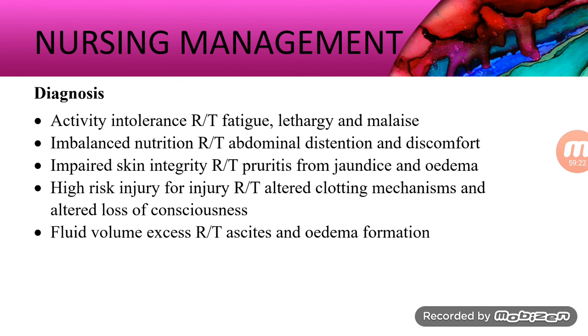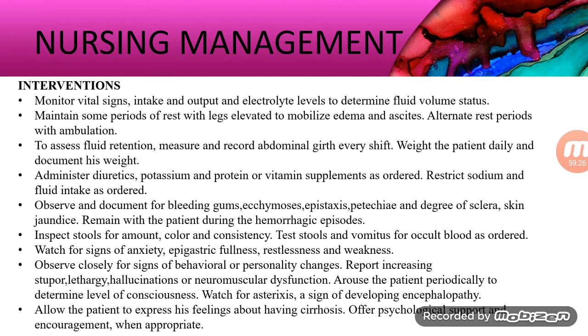Then fluid volume excess related to ascites and edema formation. These are some of the interventions you can give. Monitor vital signs, intake output and electrolyte levels. Then maintain some periods of rest with legs elevated to mobilize the edema and ascites. Then assess the fluid retention, measure and record abdominal girth every shift, and weigh the patient daily and document his weight.